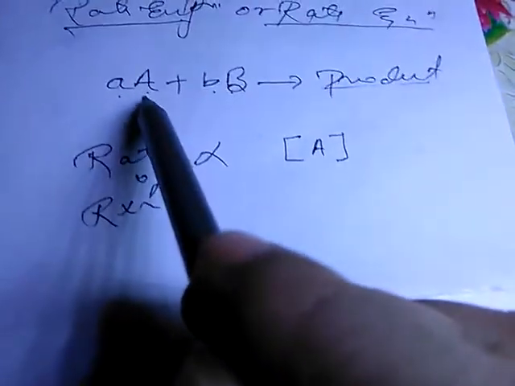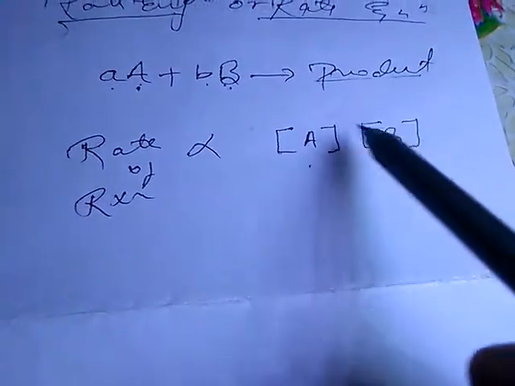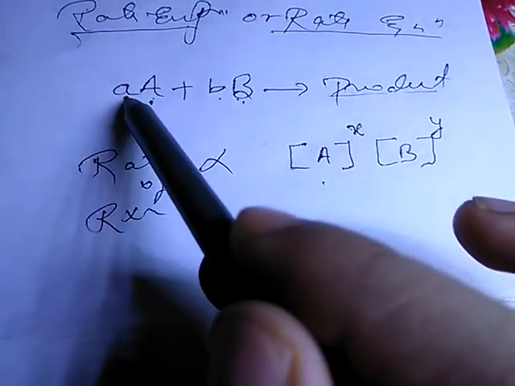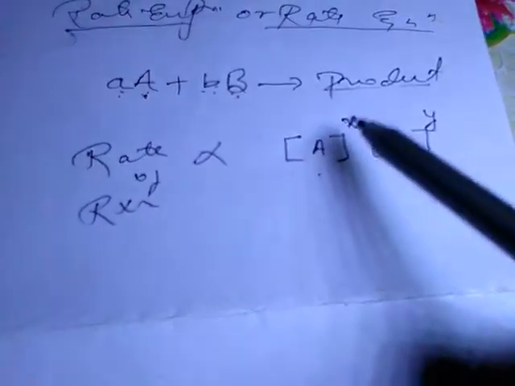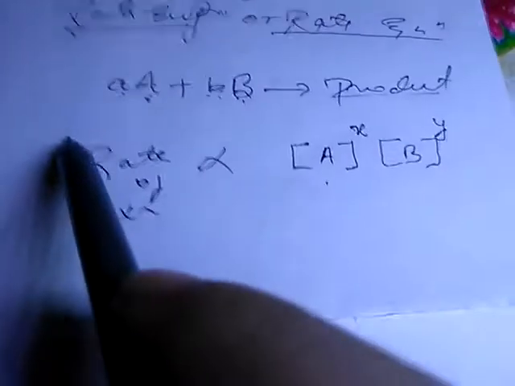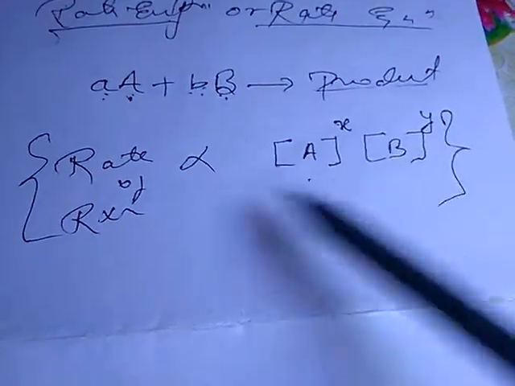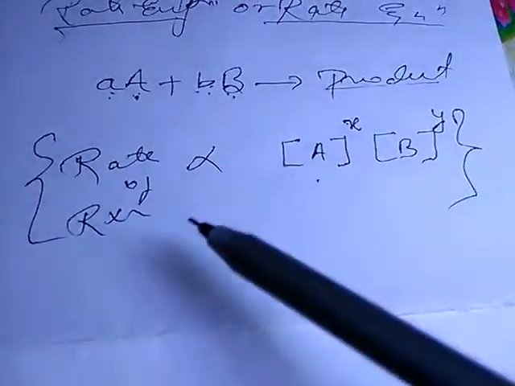Here the reactants are A and B. In brackets, it is representing the concentration of A. In the same manner, concentration of B raised to some power, and this power might be equal to the stoichiometric coefficient or may not be. So what I have written here is the expression which I got according to rate law.